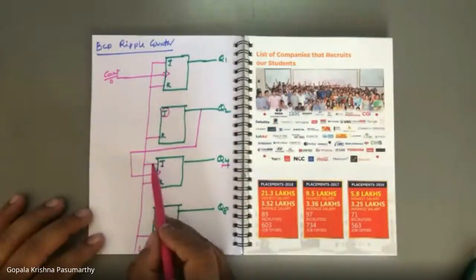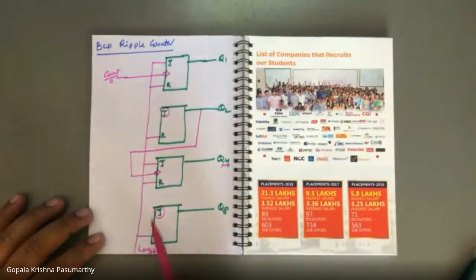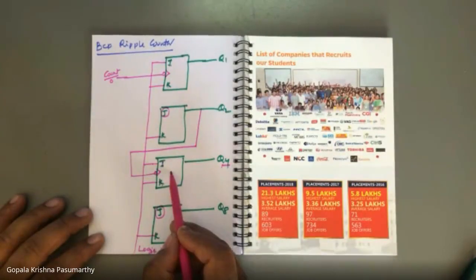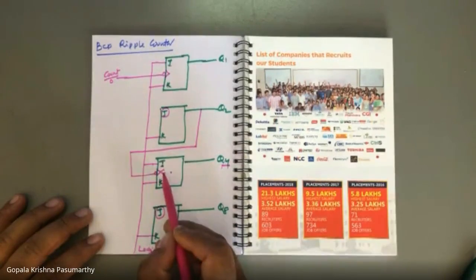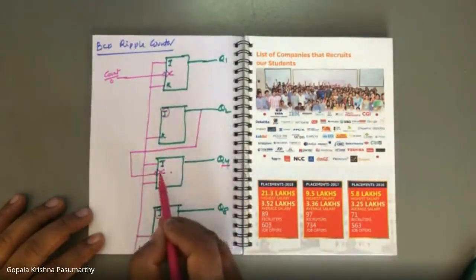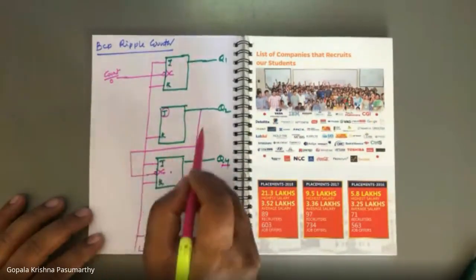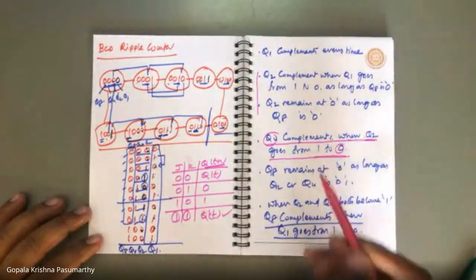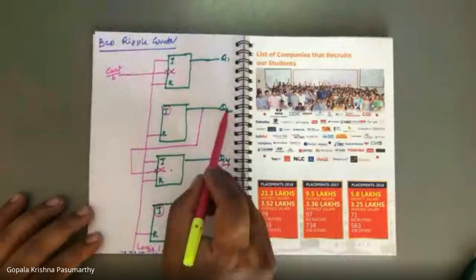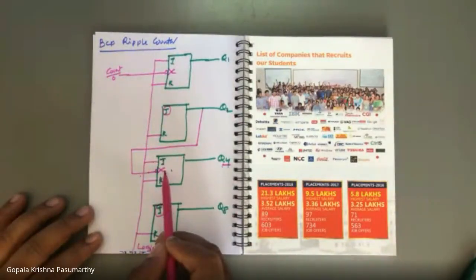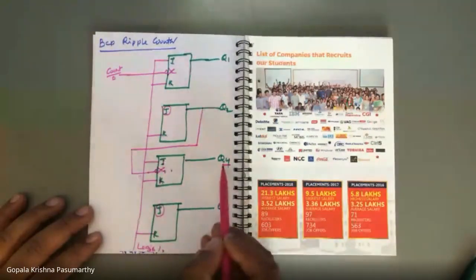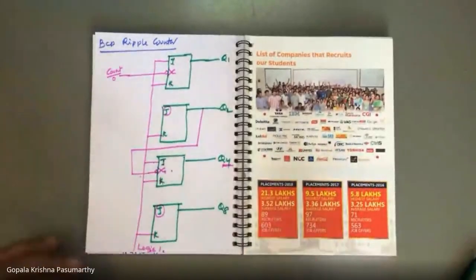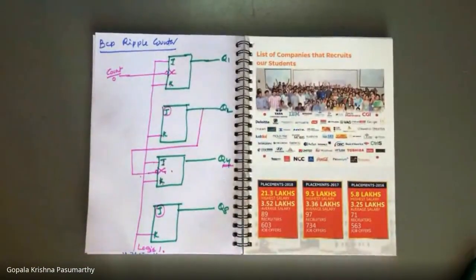When the clock becomes active, this line is 0, which means Q2 must be 0. That's what I wrote: Q4 complements when Q2 is 0. So whenever Q2 becomes 0, this clock is active. Since J and K are 1 1, Q4 complements. This is how we have to understand this diagram.